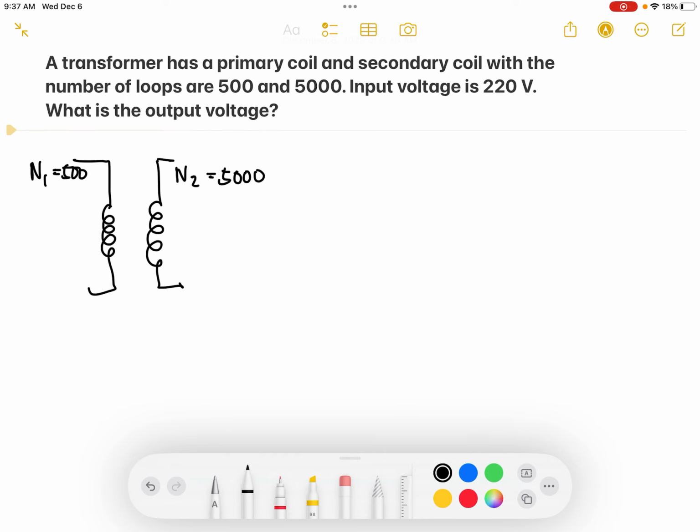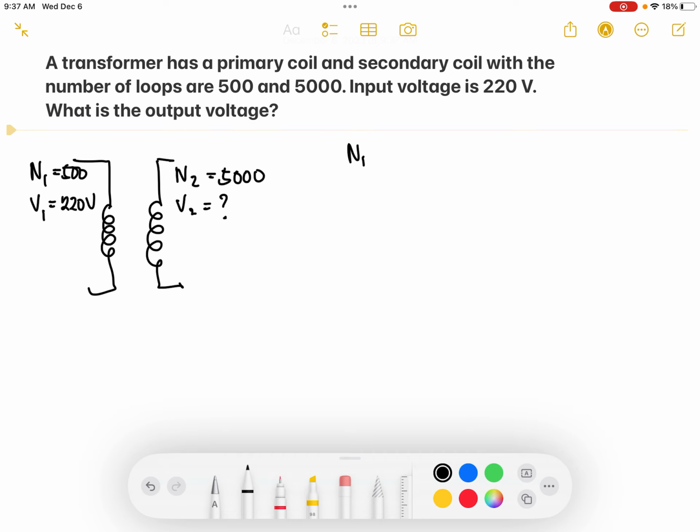Now, the input voltage. Since that is input, we said earlier that the input voltage will be given to the primary side. So that is V1, 220 volts. We are required to find the output voltage or the secondary voltage.